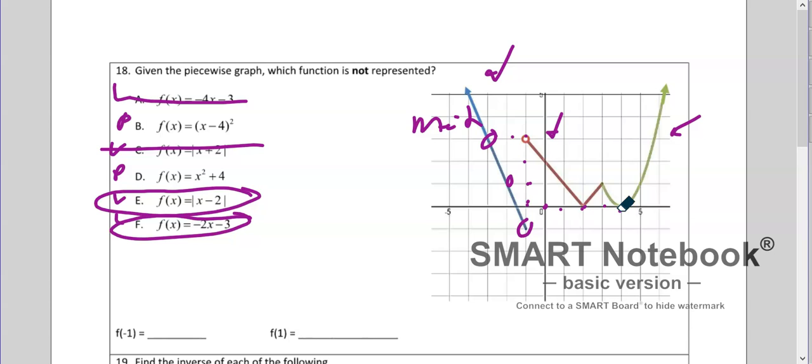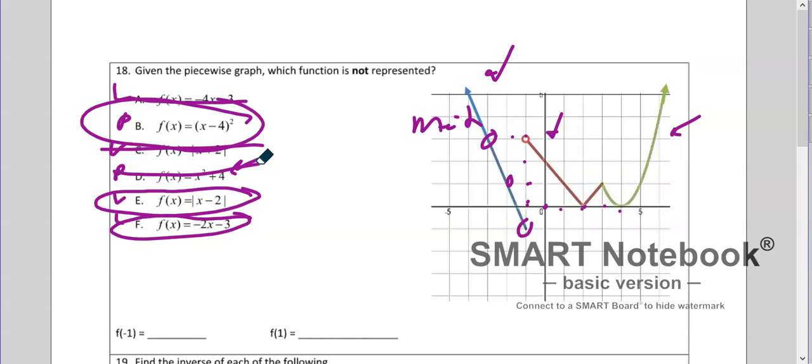So that's minus 4. And another reason this one is wrong, that means up 4. So it says, given the piecewise graph, which function is not represented? Well, that would be A, C, D. Okay? So A, C, and D.